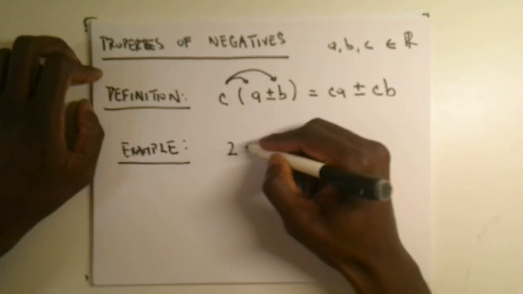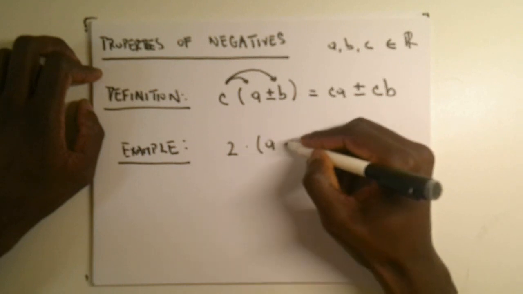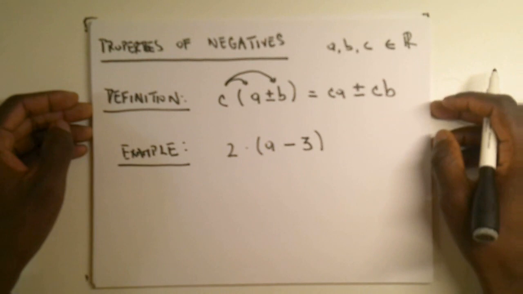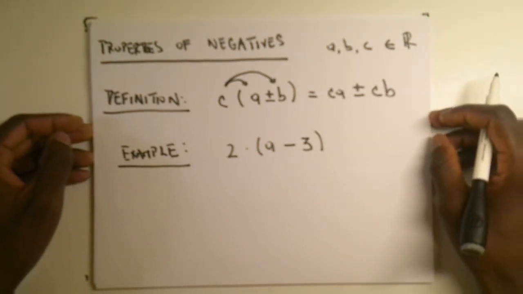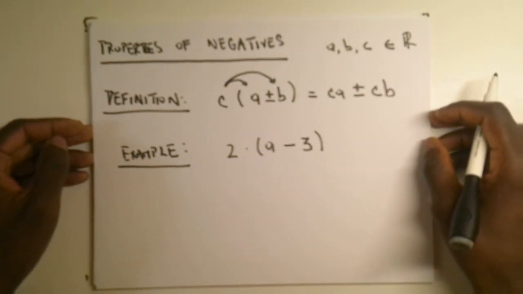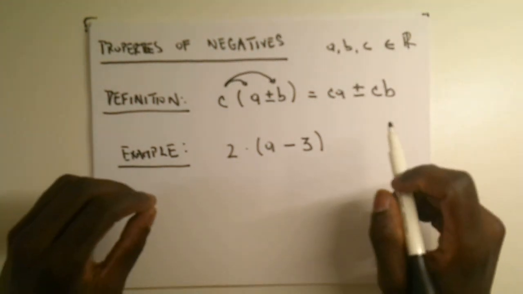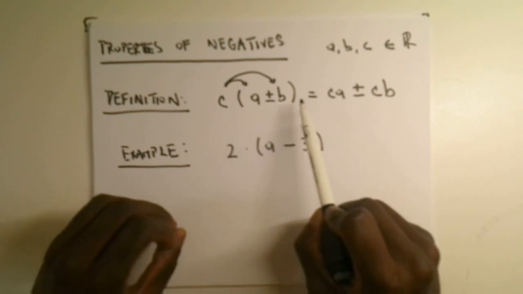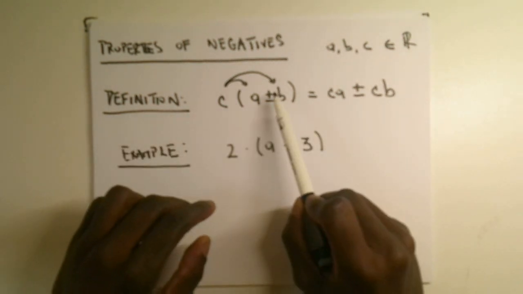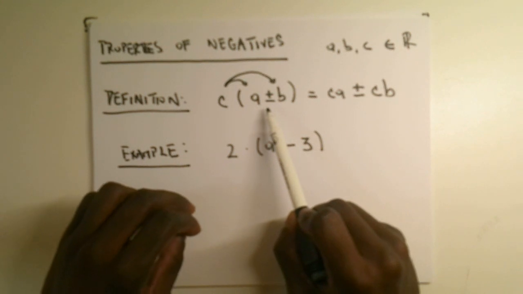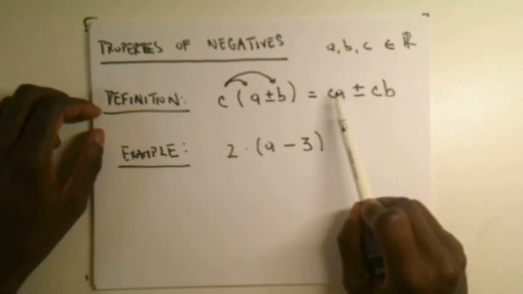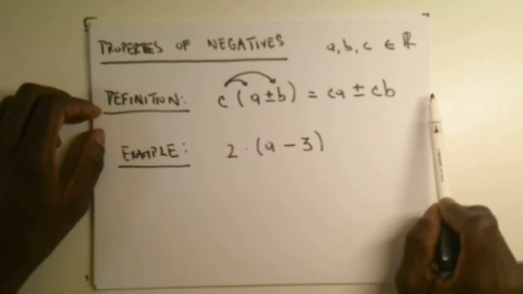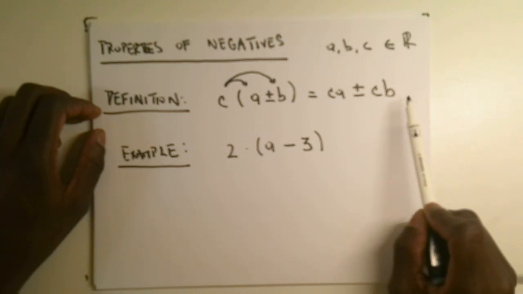So let's say I have 2 times A minus 3. So there's a little bit more steps to this process, but we see that the initial connection is utilizing the distributive property to put these two operations together, multiplication, addition, or subtraction, and then rewriting this in this form, but then we'll further express it through the properties of turning this into a negative.